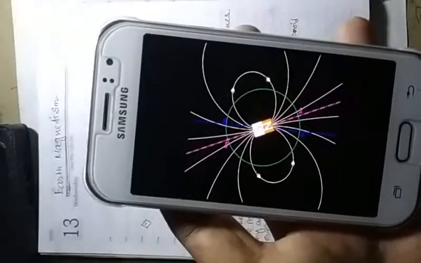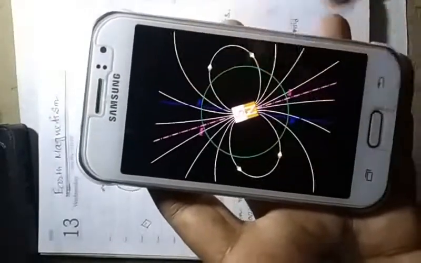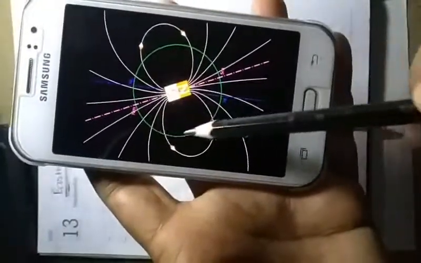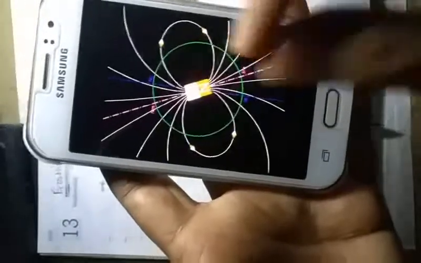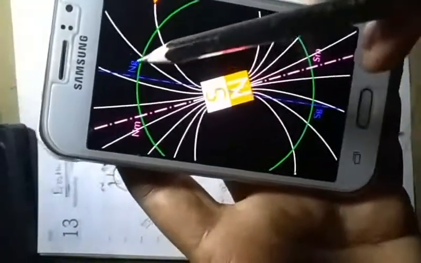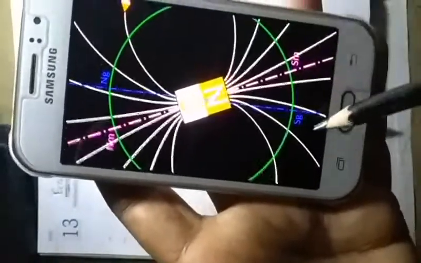Let me show you a picture, then you can understand. Students, in this picture I have zoomed in a little bit. This is the earth, the green line, and inside is the imaginary bar magnet. You can see that is the south, that is the north side, and it is NG, SG, meaning geographical north, geographical south.